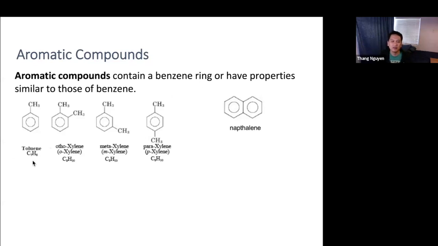For example, here we have toluene and xylene. They just have different substitutions of carbons coming out of it. These molecules are found in your gasoline or used as solvents in the lab. Naphthalene, you might know, it's a mothball. So it's good to kill the moths. It has that unique odor that you might have smelled.